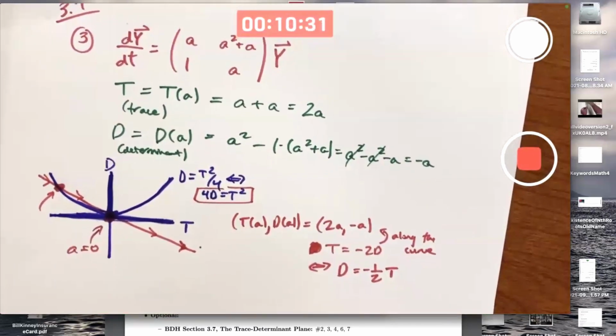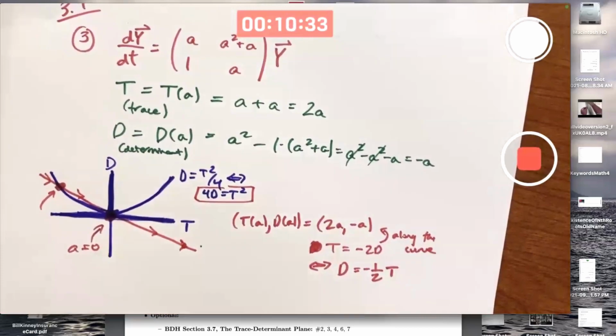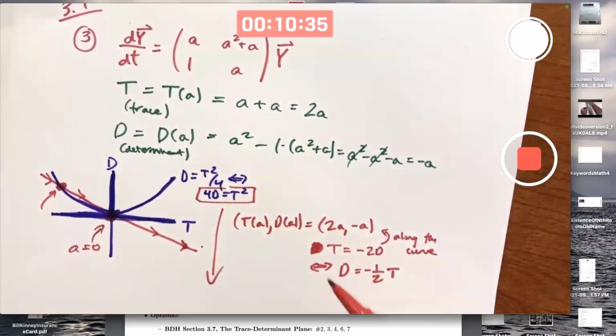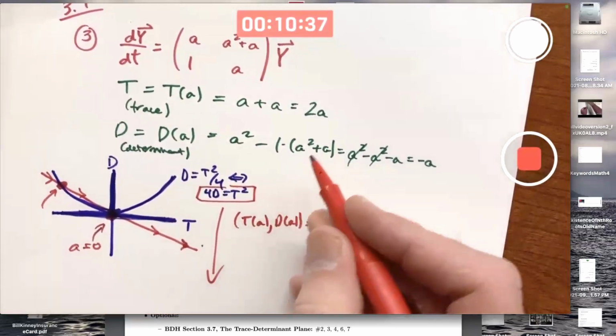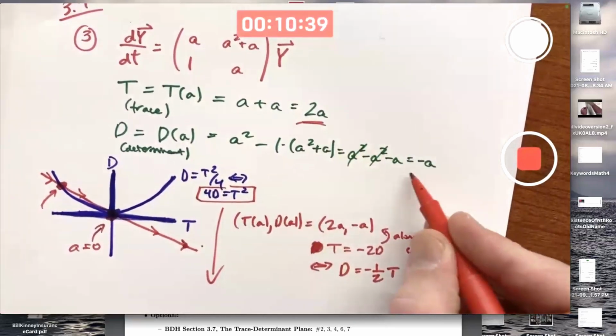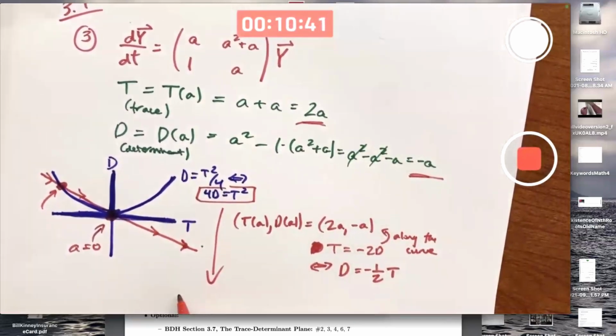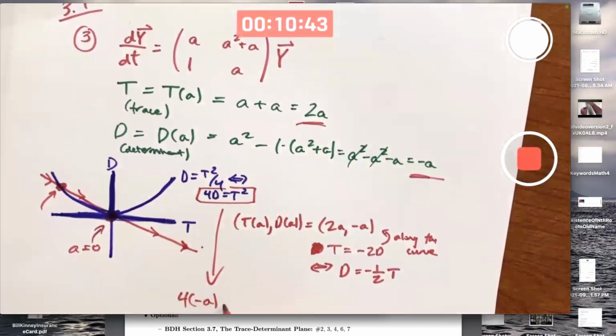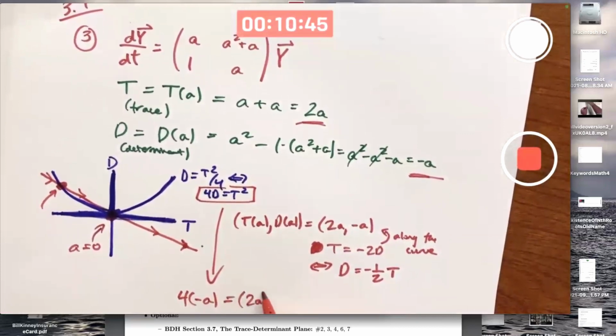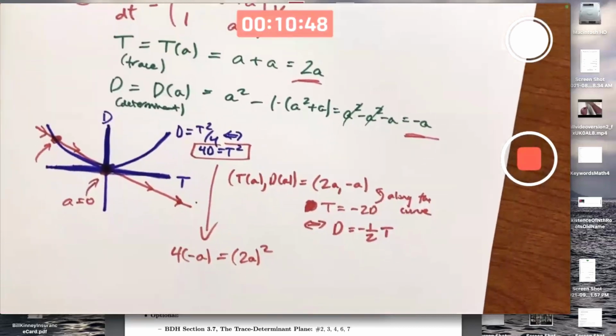Figure out the value of A that makes that work other than A equals 0. One value will be A equals 0. So 4D equals T squared, and use the fact that T is 2A and D is negative A. If I replace D with negative A and T with 2A, I'm looking for solutions of that equation.